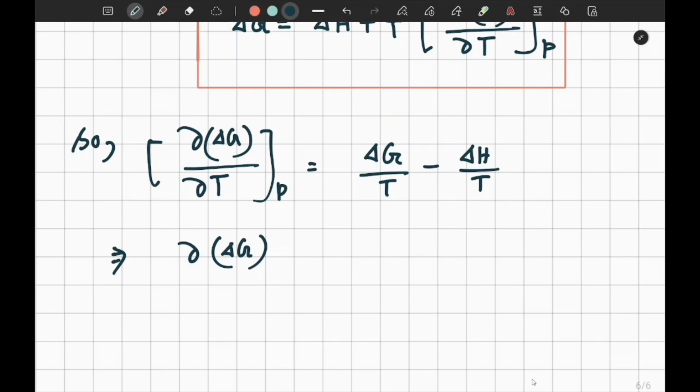I have to solve this. Okay, let me try it.